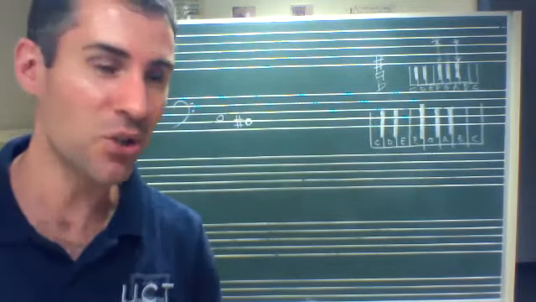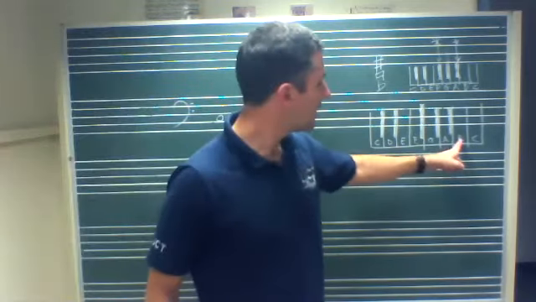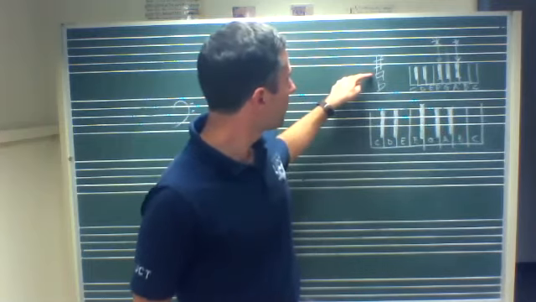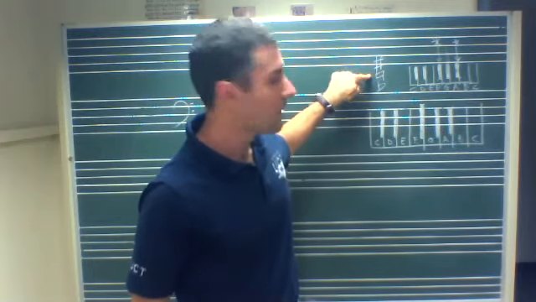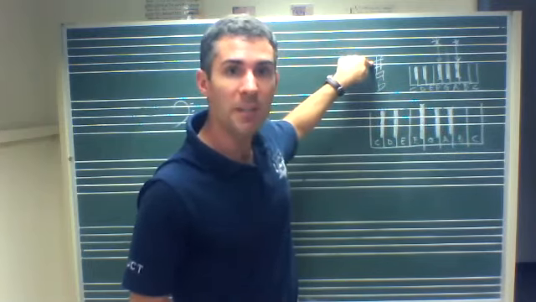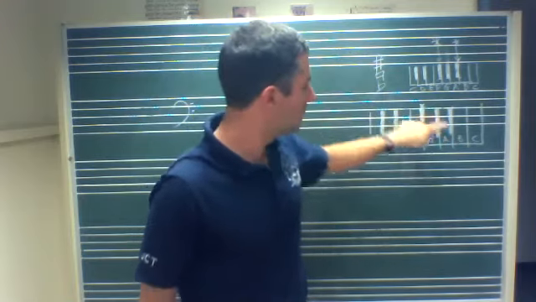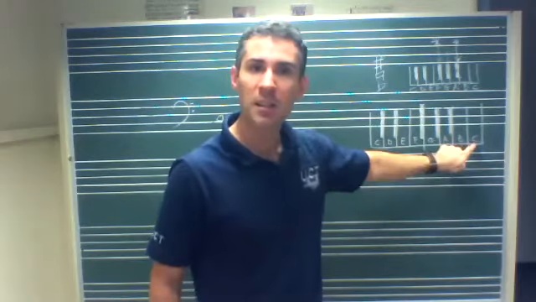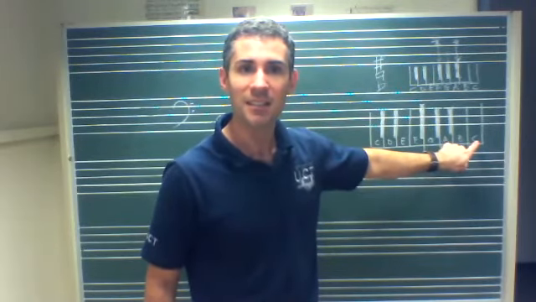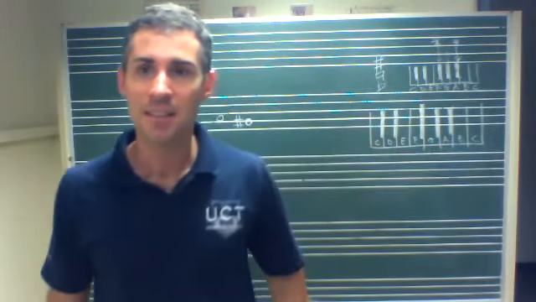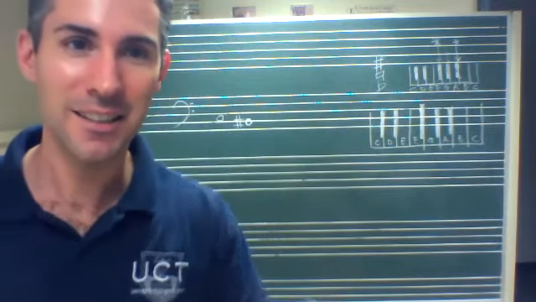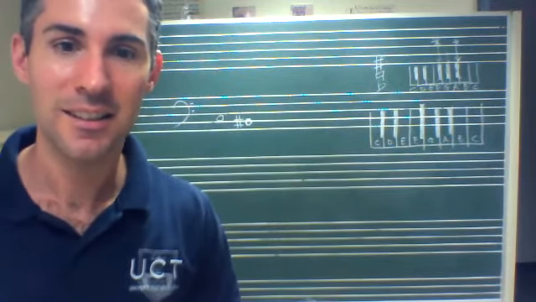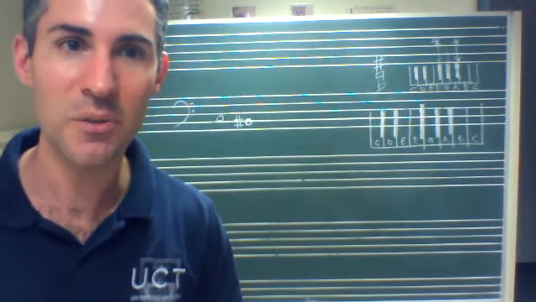Does that make sense? It's a bit tricky. Look again. Here's B. So I'm using B natural. If I go to B sharp, it means I must go one step up. B sharp, one step up, is the same as C. We all okay with that?